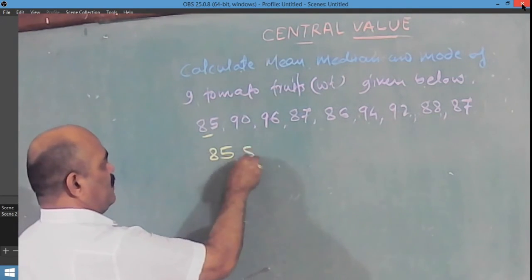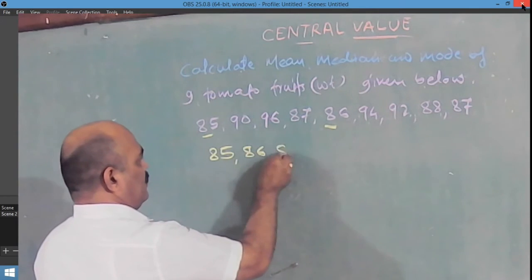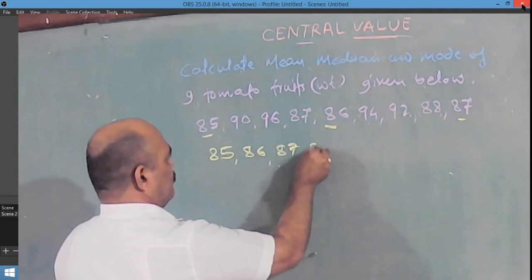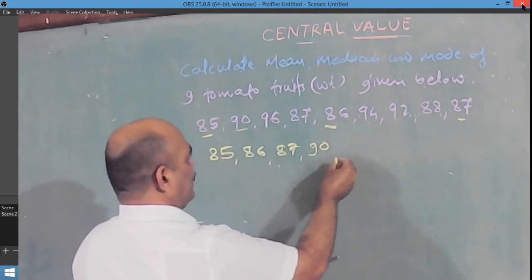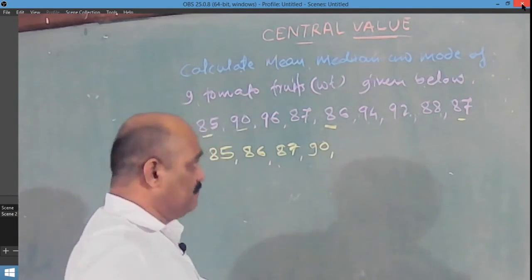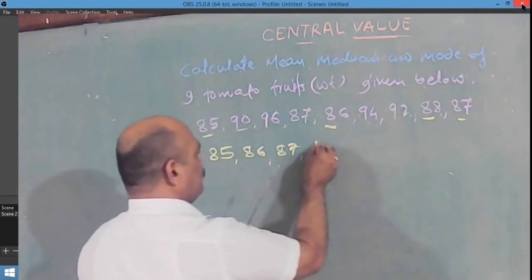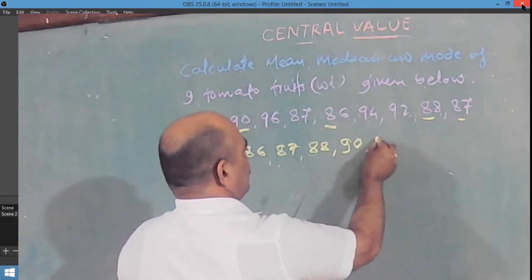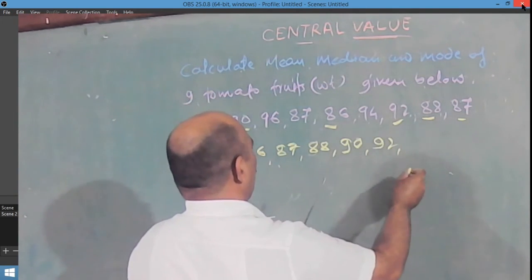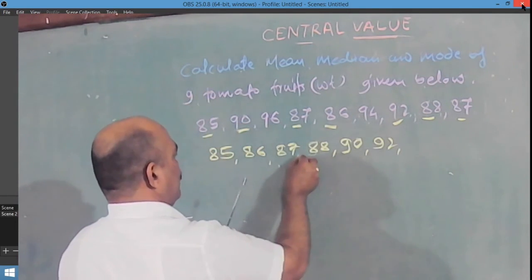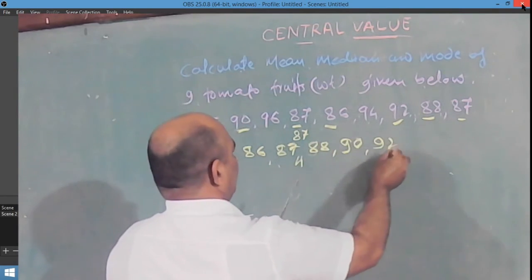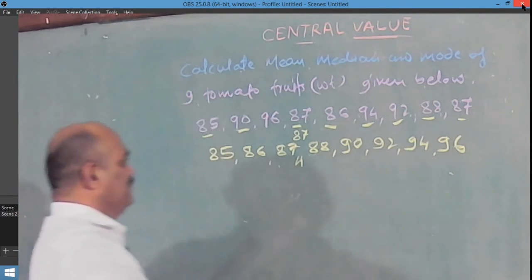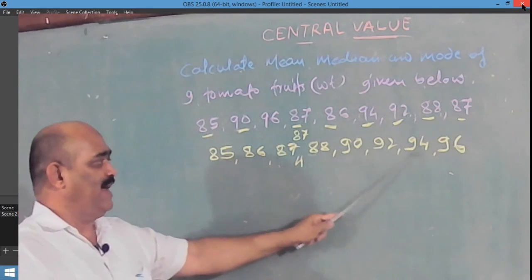85, 86, 87, 87, 88, 90, 92, 94 and 96. 1, 2, 3, 4, 5, 6, 7, 8 and 9.